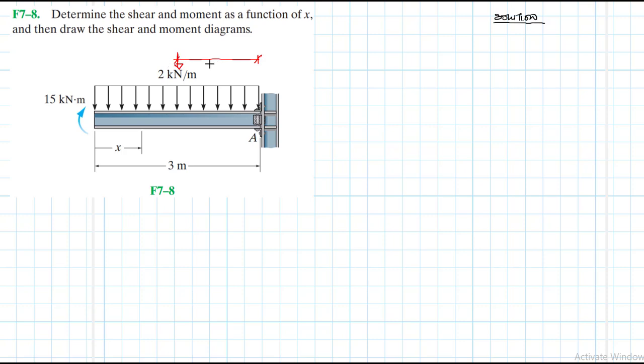So this length here is just half of 3, which is just 1.5 meters. So let's find this loading. Let's call it F, which is just going to be equal to the area under the loading diagram. So this is 3, the length of the loading, times the load itself, the peak, which is 2. So this gives us 6 kilonewtons.